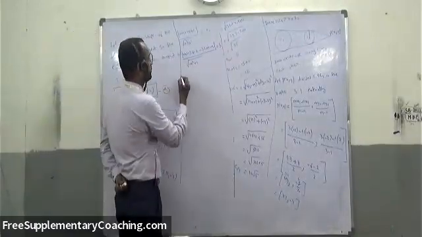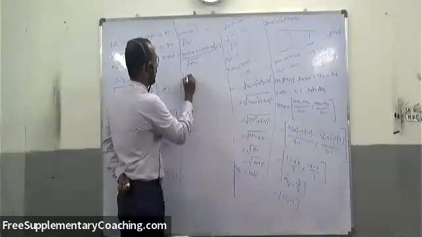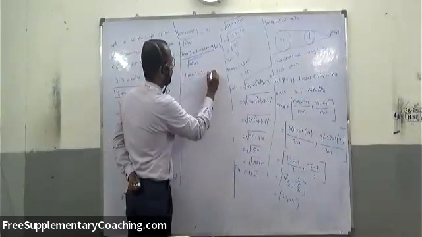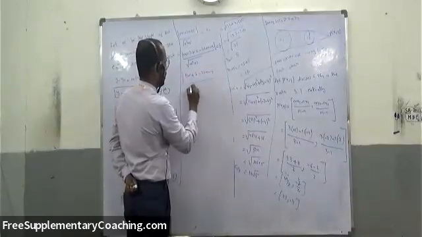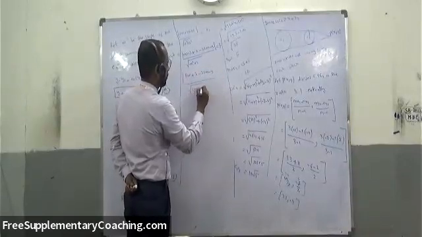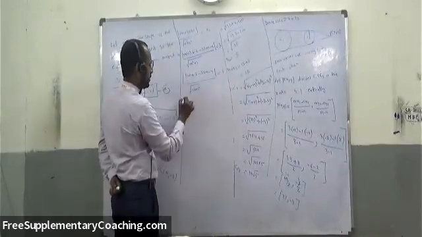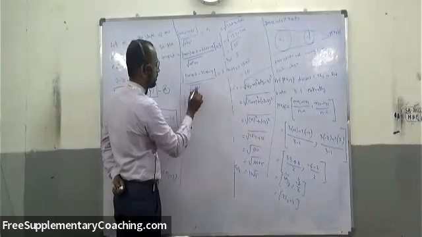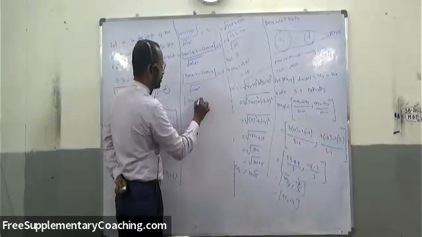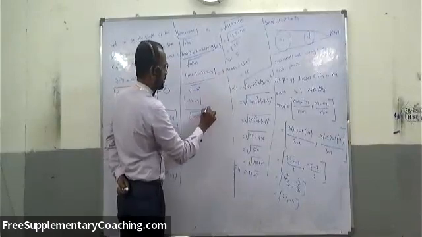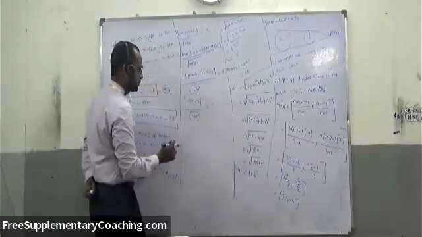What are we getting? 11m plus 2 minus 22m minus 4, divided by root over 1 plus m square, is equal to 5. So 11m minus 22m is minus 11m, minus 4 plus 2 is minus 2.